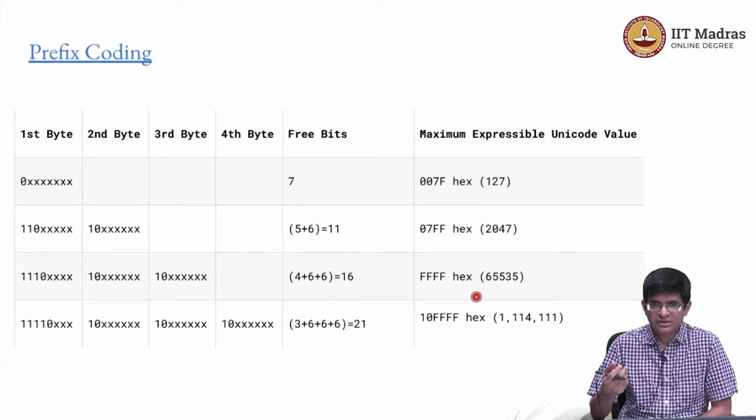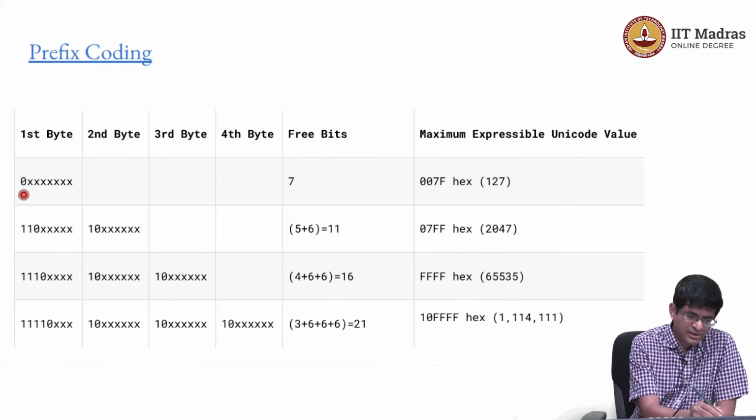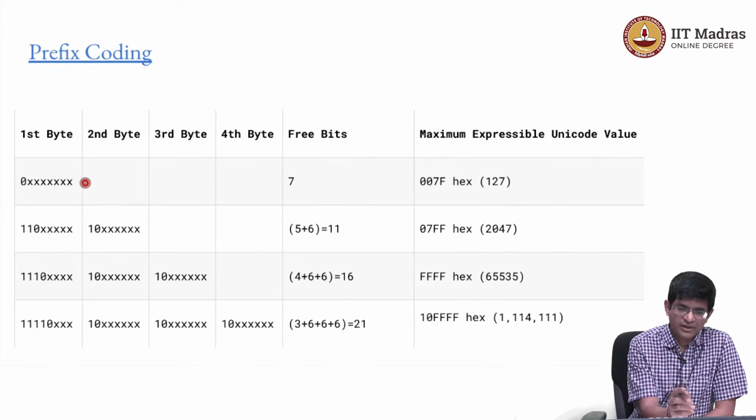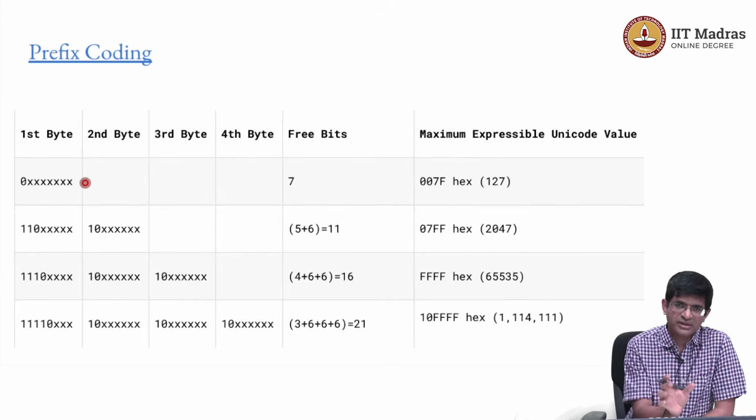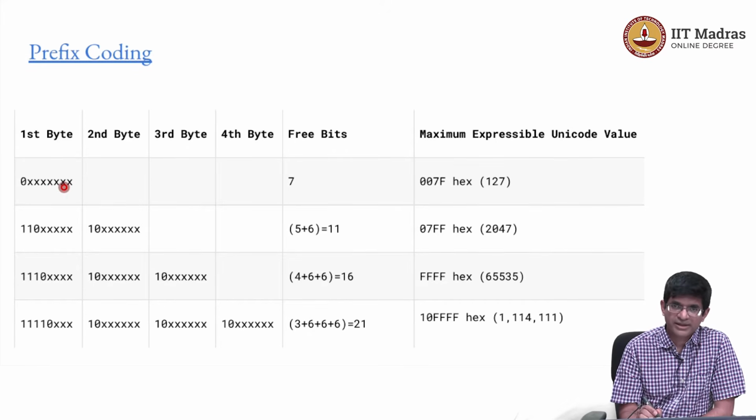And based on that, the Unicode people essentially came up with a kind of encoding where they said that, look, if the very first byte that you have, or any 8-bit combination of bits that you find, starts with a 0, treat the remaining 7 bits as an ASCII code essentially, okay?